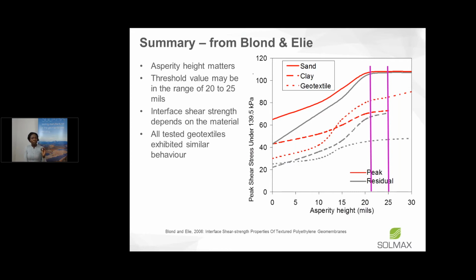However, there may be a threshold in the range of 20 to 25 mils of asperity, right, where you get the maximum, where you get the optimum shear strength for your textured material. And then they also found that the interface shear strength depended on the material, and all of the geotextiles tested exhibited the same behavior. So even despite the density or whatever the parameters that varied, all of them exhibited similar behaviors.